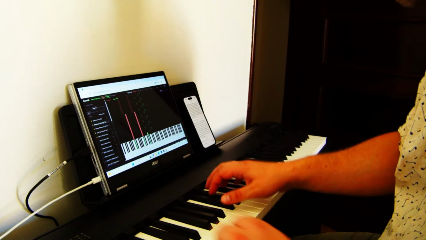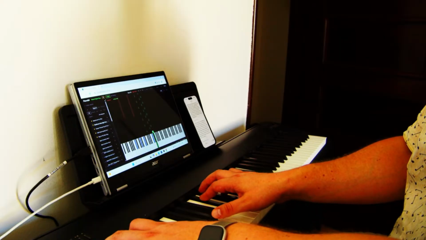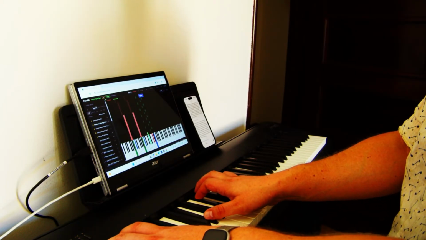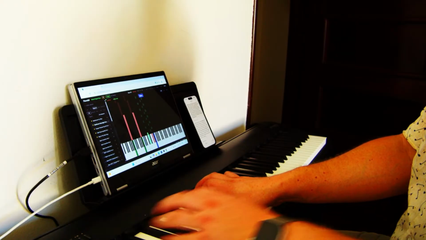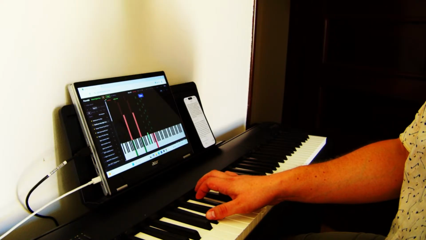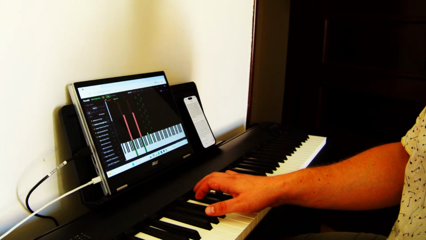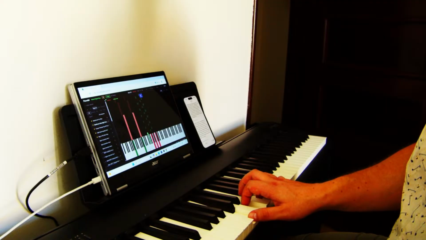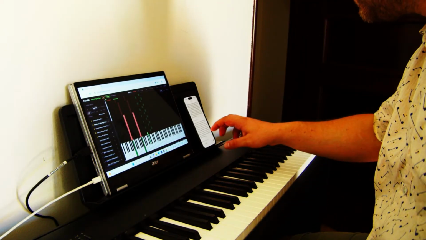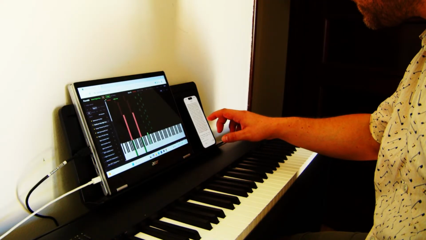Where? Don't get it. That's kind of correct. That is correct. If you play that with the right hand, it should show that, yeah. Okay, that's okay. So that was not an issue to start with.